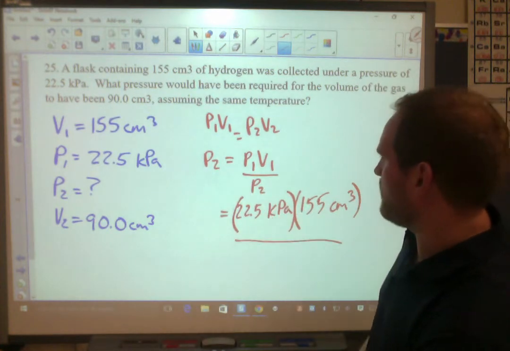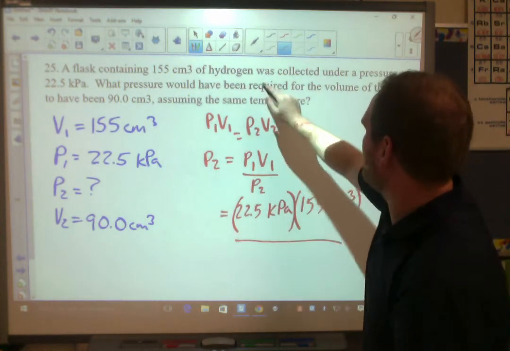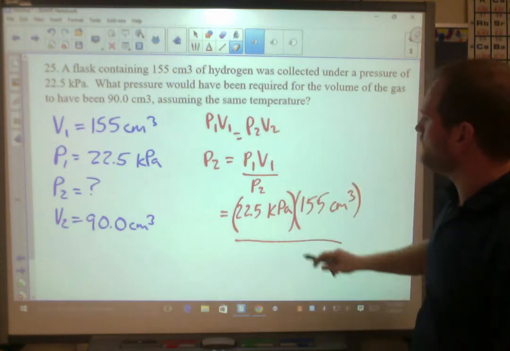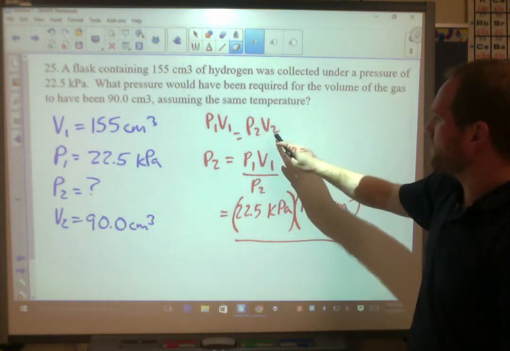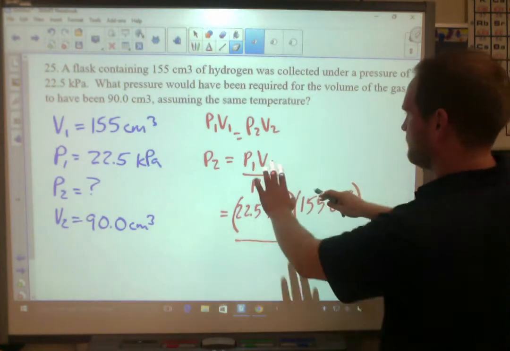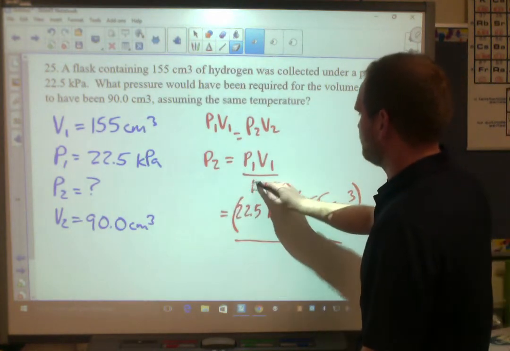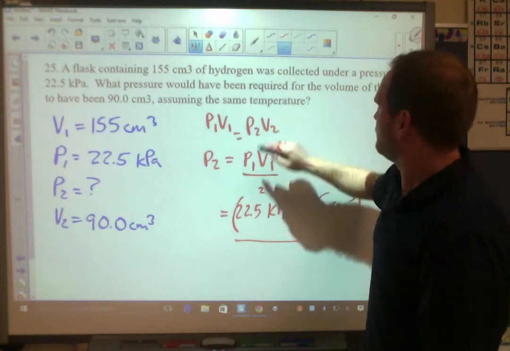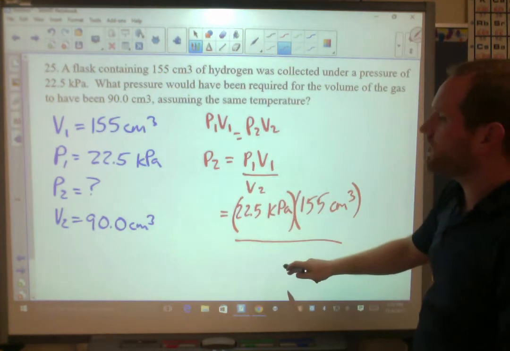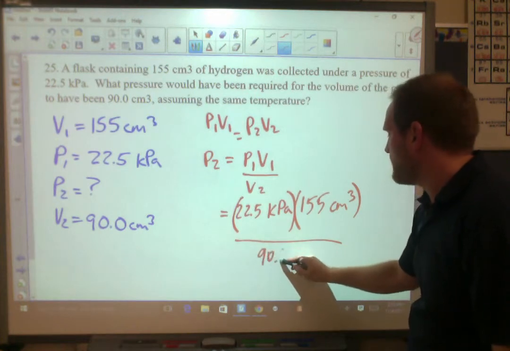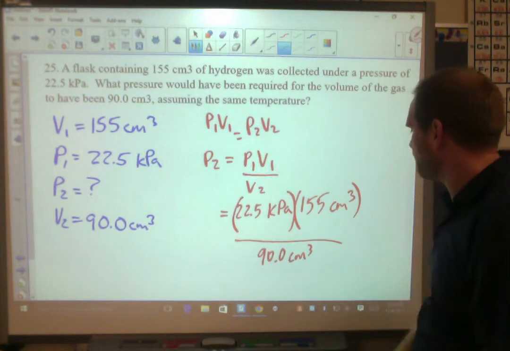Oh wait, I'm solving for, whoops, I divided by the wrong one. I'm sure you caught that though. So we're looking to solve for P2. I needed to divide by V2. Sorry. Okay, divided by V2. So V2 is going to be 90.0 centimeters cubed.